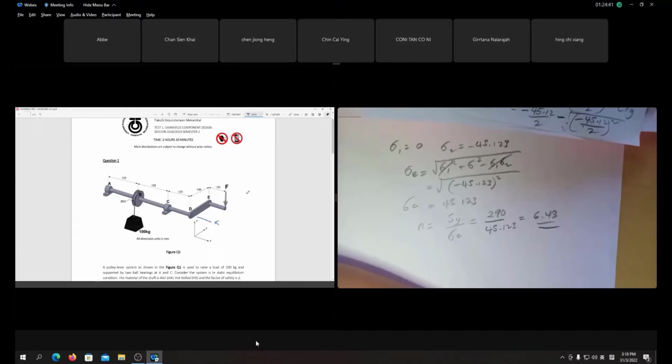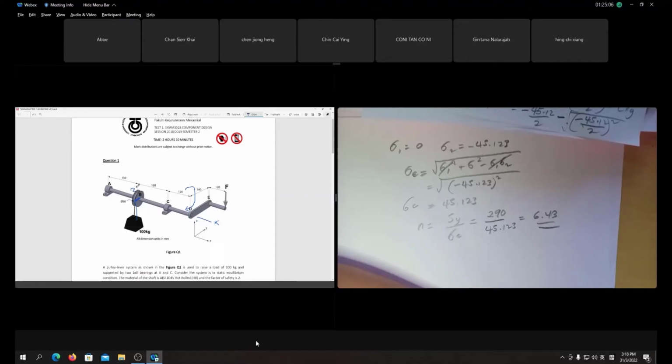This F times the distance 140 produces torque in this direction. But the weight, 1000 kilogram times 9.81, this force times the radius of the pulley, 25, produces the same torque.